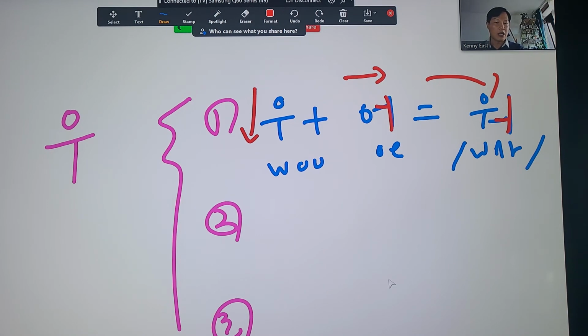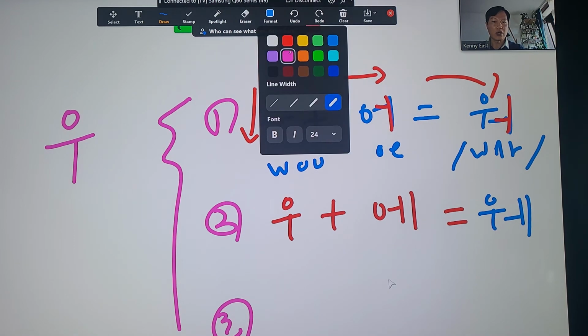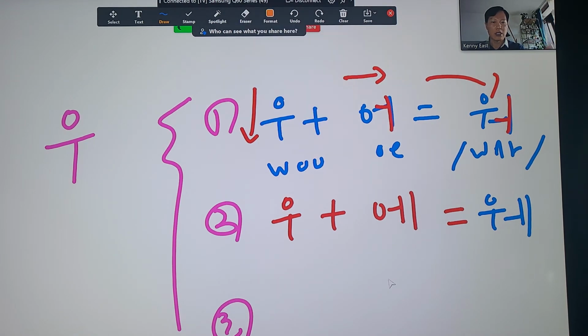Then second combination: this time 우 plus the second A. Do you remember? Then we combine like this. You can see visually, this A stick is here, on the right hand side.